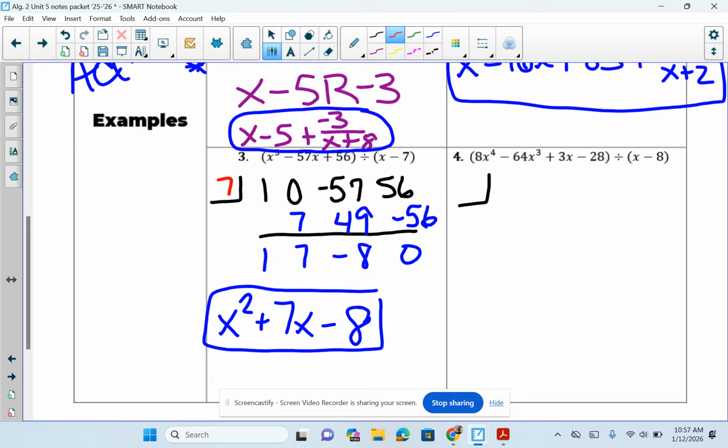Do we have a remainder on number 3? No, it is divisible evenly. X minus 7 then is a factor. So your final answer on 3 should be x squared plus 7x minus 8. Okay, I'll give people a moment to finish number 4 here.